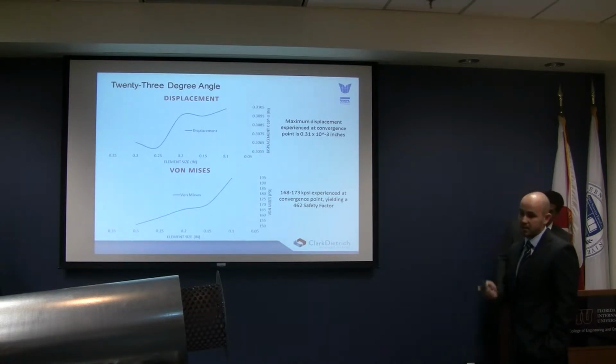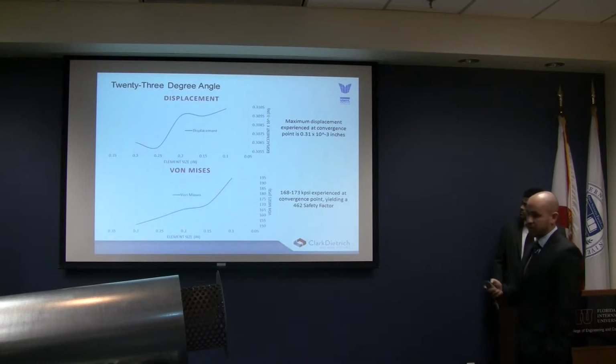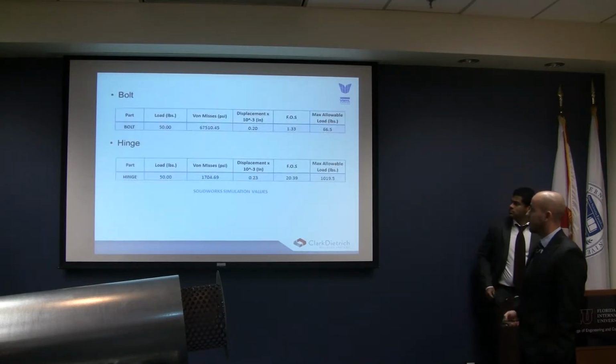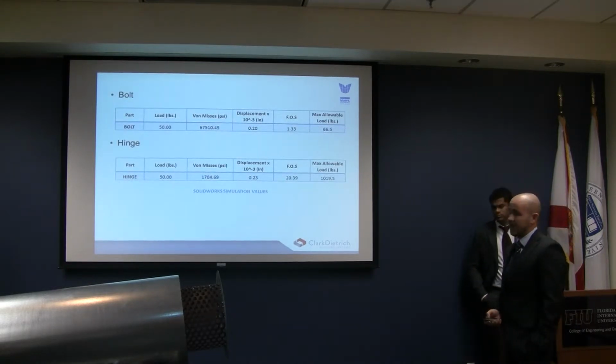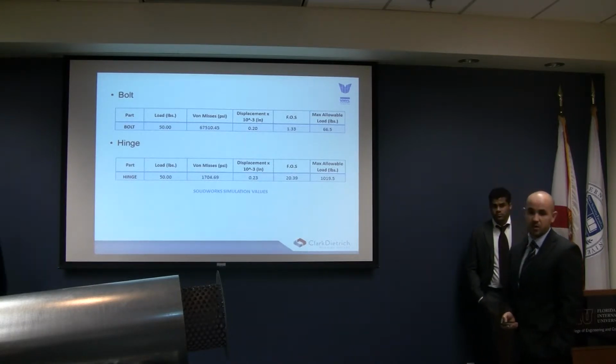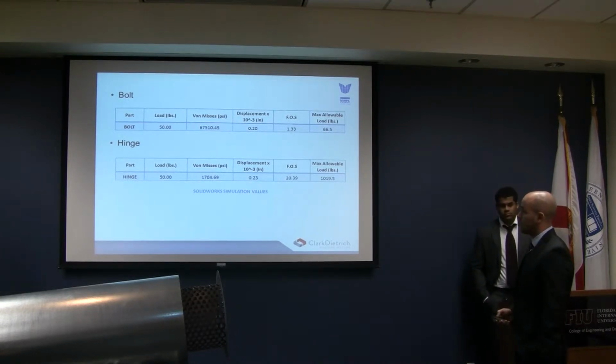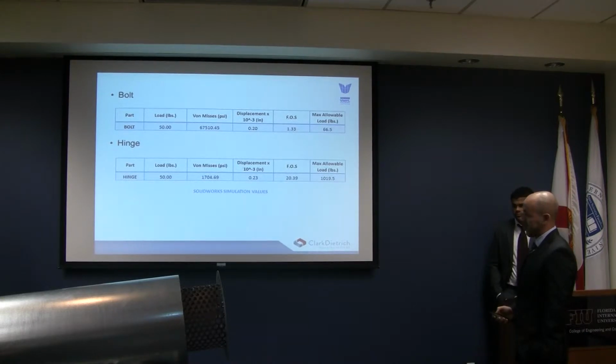This is at the rods that connect the filter to the sprocket, which are the weakest ones of this assembly. We did the same analysis on the fasteners and the hinges, since they were the weakest parts of our assembly. We assumed the whole weight of the filter, which is 50 pounds, on one single bolt, and the same for the hinges.